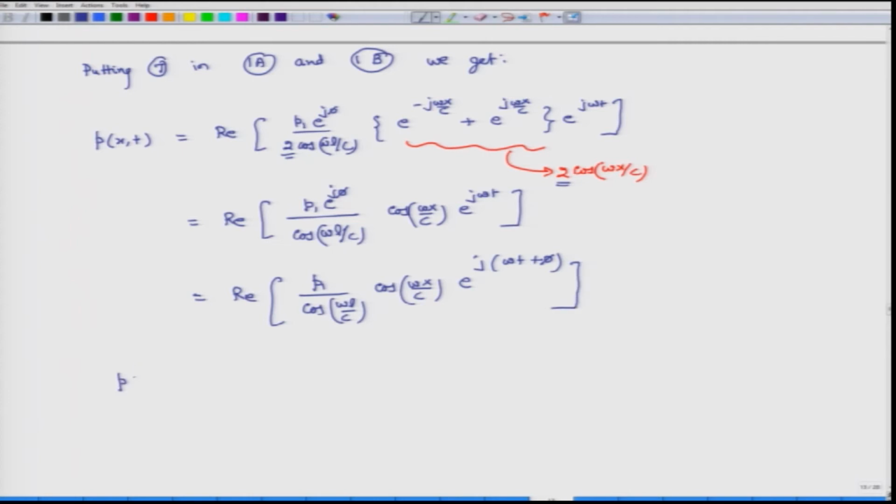So, my pressure relation becomes, if I take the real portion of this, this is the only complex portion, exponent of j(omega t plus phi), and its real portion is cosine omega t plus phi. So, P of x and t is P1 divided by cosine omega L over c, times cosine omega x over c, times cosine omega t plus phi.